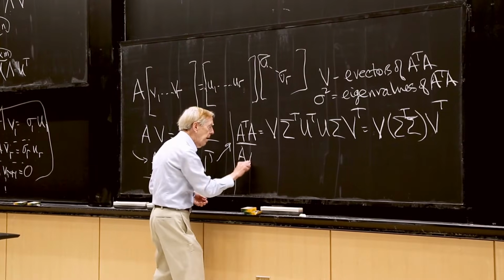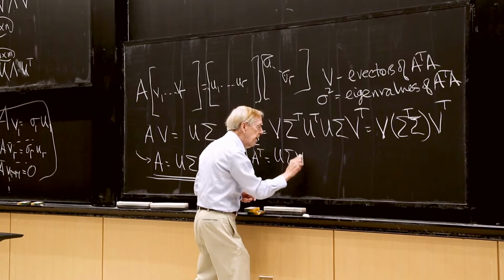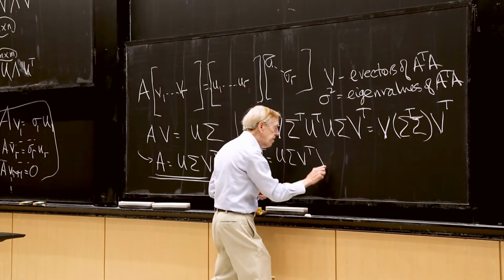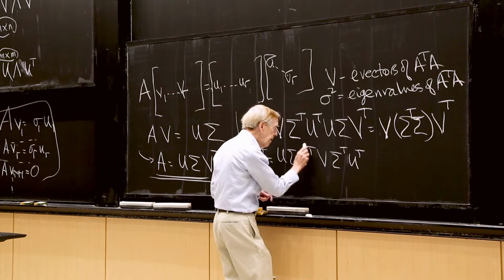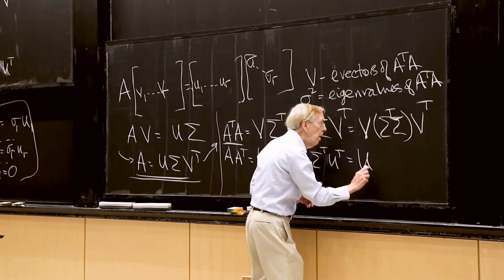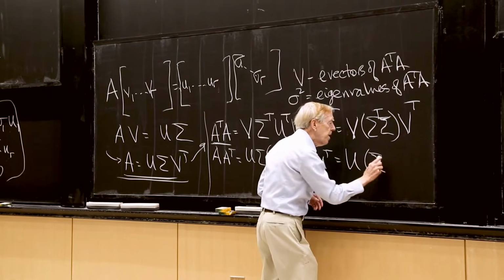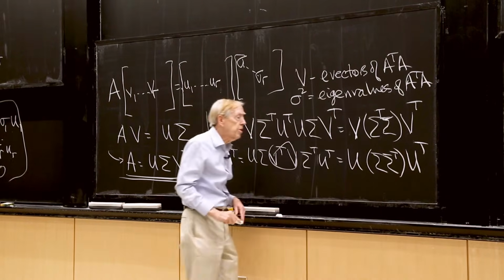If I write all that down, the A is the U sigma V transpose, and the A transpose is the V sigma transpose U transpose. And again, this stuff goes away and leaves me with U sigma sigma transpose U transpose. So I know what the U's are too.